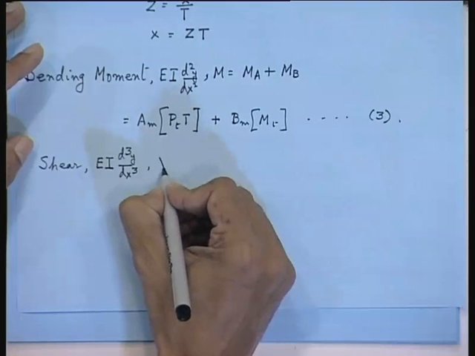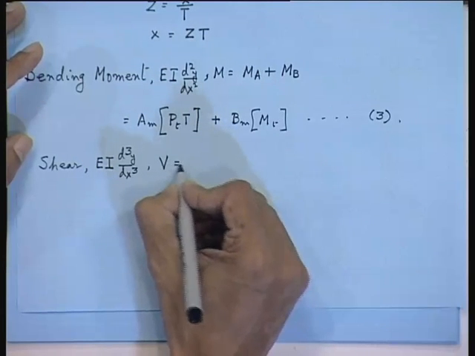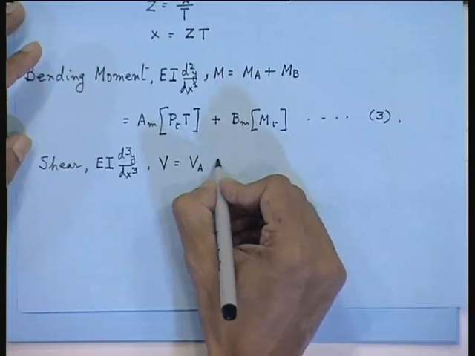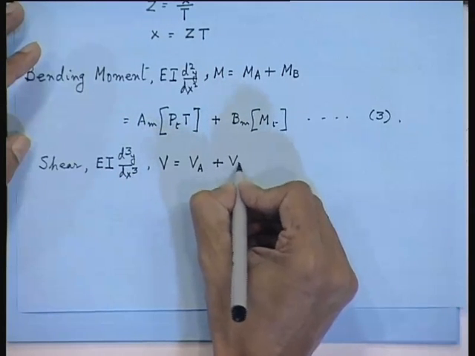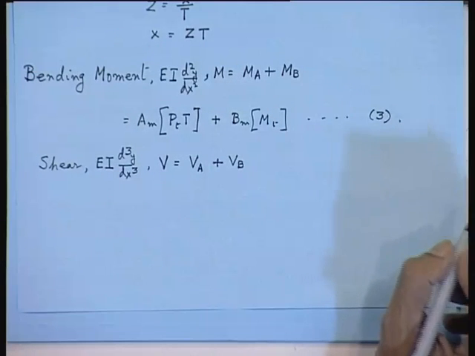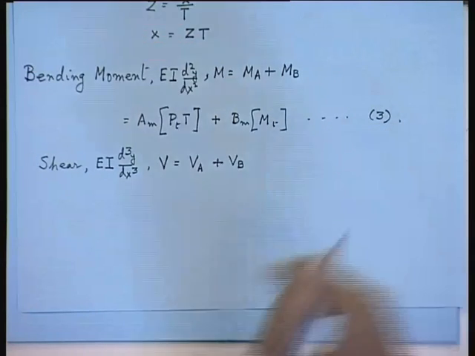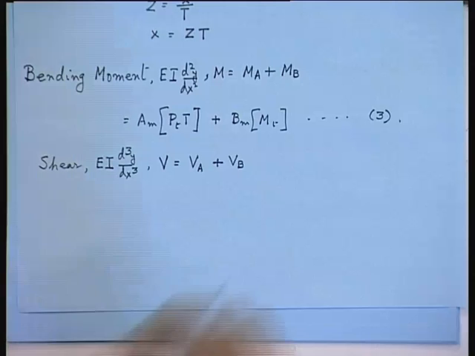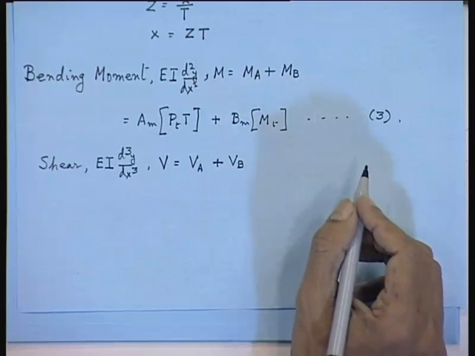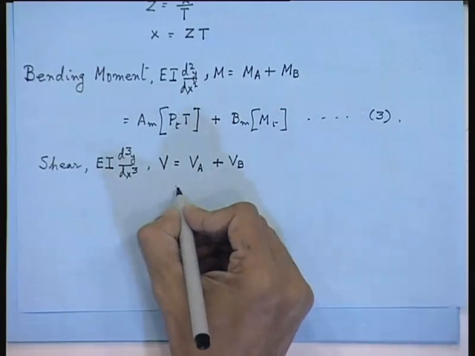Now, shear is given in terms of V. So, this equals VA, shear caused by the load, and the shear caused by bending moment. In the previous problem we worked out the maximum axial load and maximum shear. Now, this will be equal to how much?